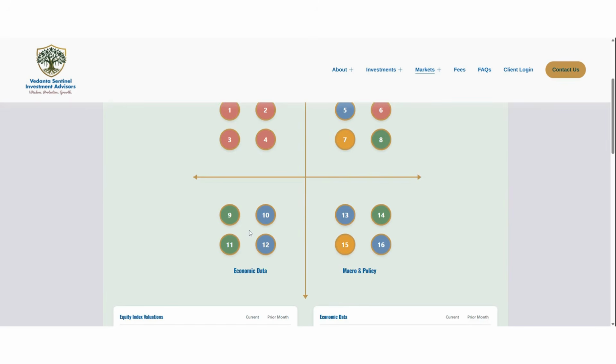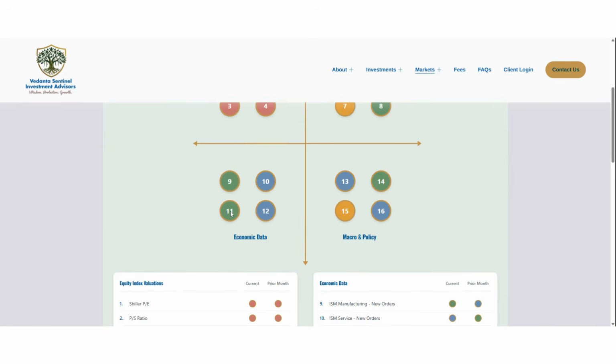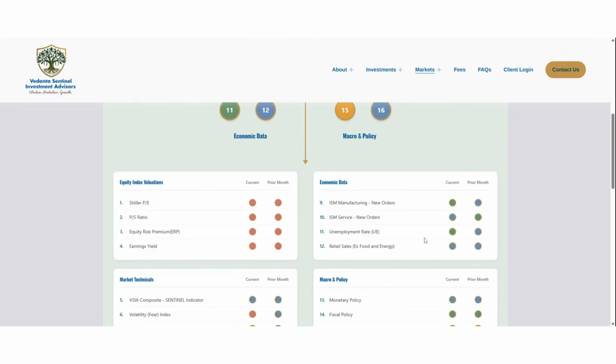And then at the bottom you see the basis which drives asset class return, the macro policy and the economic data. Number 9 to 12 is the actual economic data points. We're picking that up from 4 different segments here in the economy: manufacturing sector, service sector, unemployment rate, and retail sales.